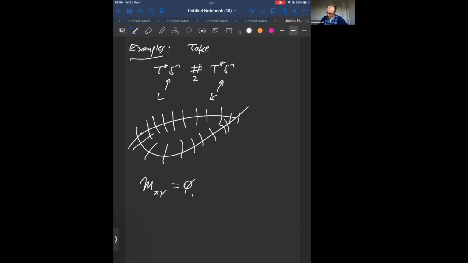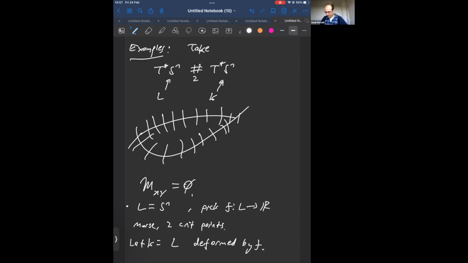Another slightly more interesting example maybe is if I let L be any Sn, I can pick some Morse function on L with 2 critical points. Then I can let K be L pushed off itself by this F. And then there'll be 2 intersection points, which are exactly the 2 critical points.